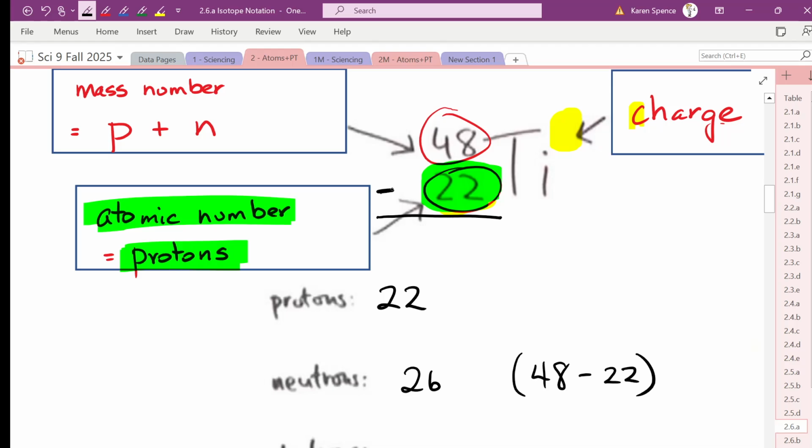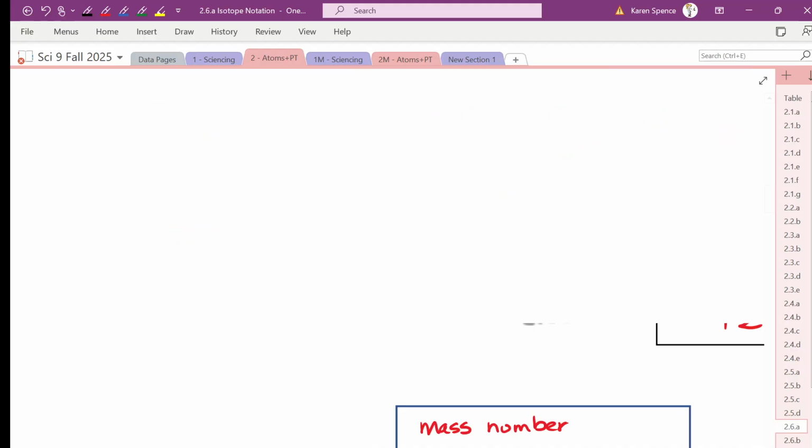If we subtract the protons from our mass, we get 26 neutrons. So that's our mass minus protons. And you can just do that subtraction right on the isotope notation itself.